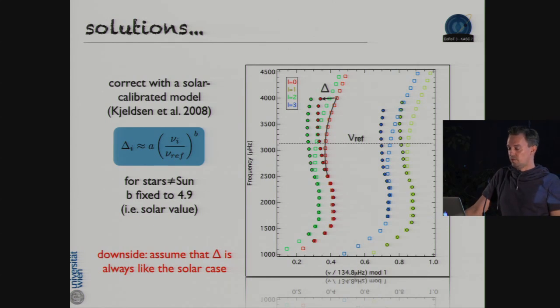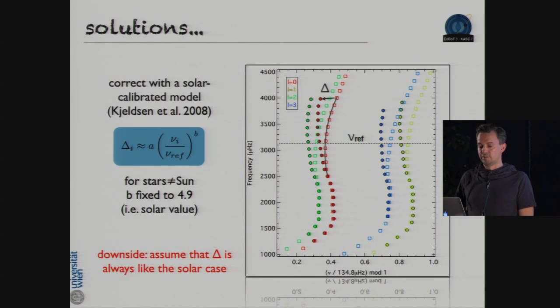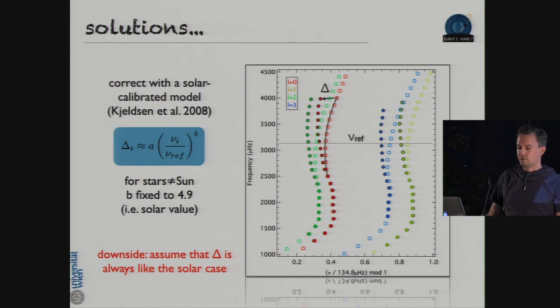Hans Gerson and collaborators found that you can model this surface effect. So they came up with a simple model for the surface effect in the sun and simply scale this model to other stars. The downside of this approach is that you have to assume that the surface effect is always the same. It always scales from the sun, which you don't know.